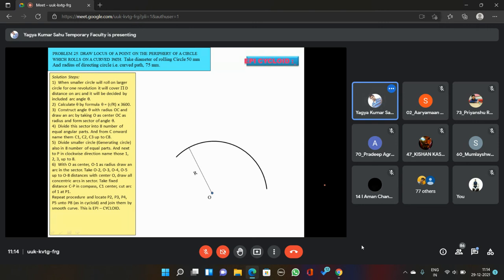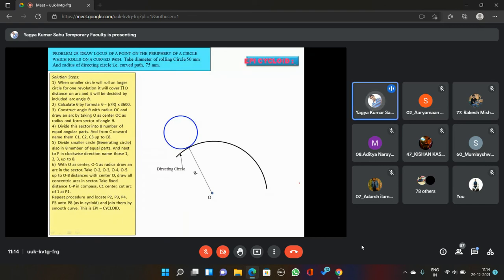Then take a suitable point, and at that particular point draw the rolling circle like this. Is it okay? Yes or no? Yes, sir. Okay, good.